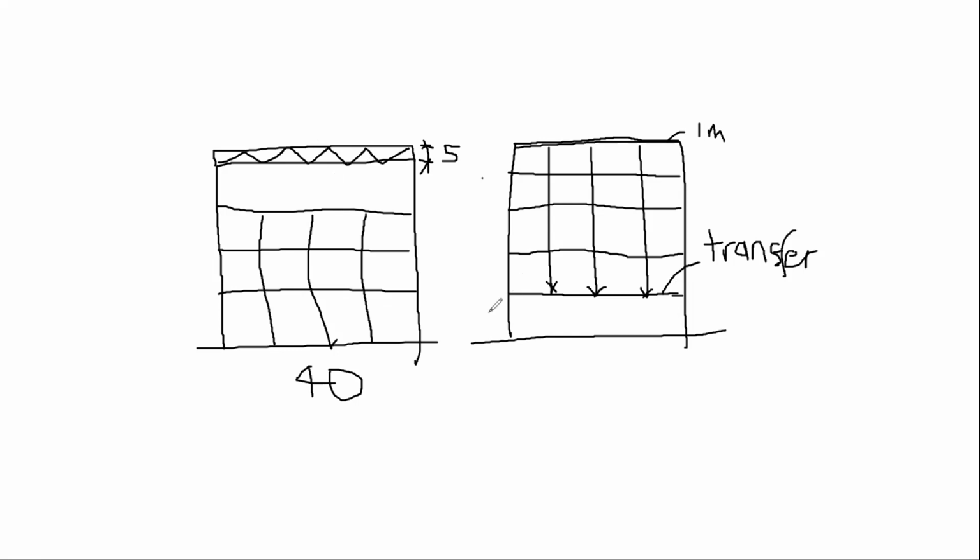But it is possible because, for example, we could make a truss like this. So now this is our truss. This is our transfer truss.